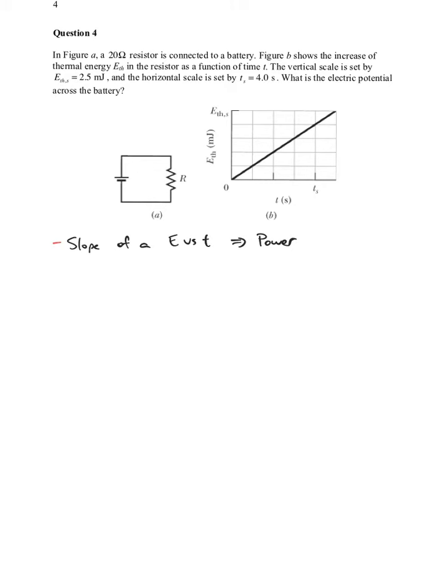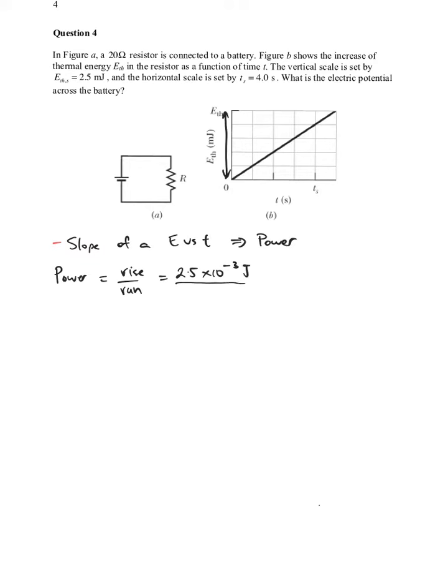Remember, the thermal energy comes about because we're dissipating the electrostatic potential energy of the battery across that resistor. So power equals rise over run of the graph, and the rise is from here to here. The graph is 2.5 by 10 to the minus 3 joules.